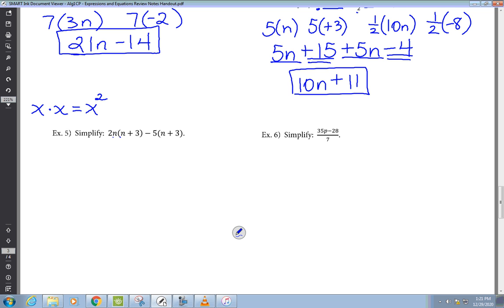So if we do our distributing, that's 2n times n, and 2n times positive 3. Negative 5 times n, and negative 5 times positive 3.